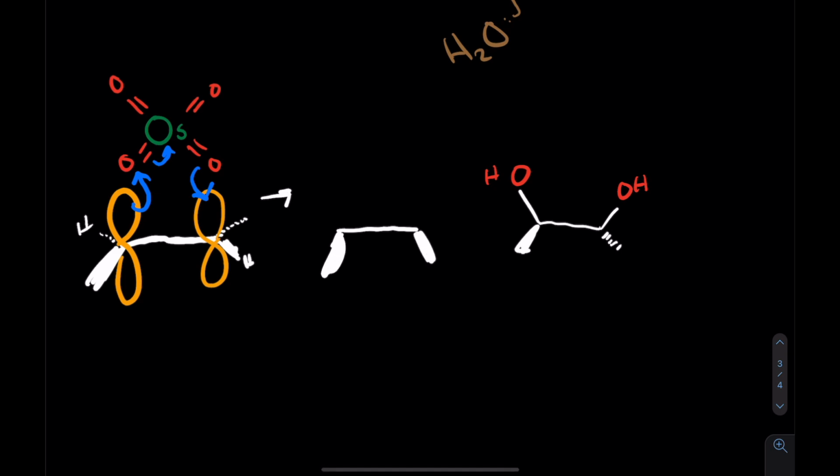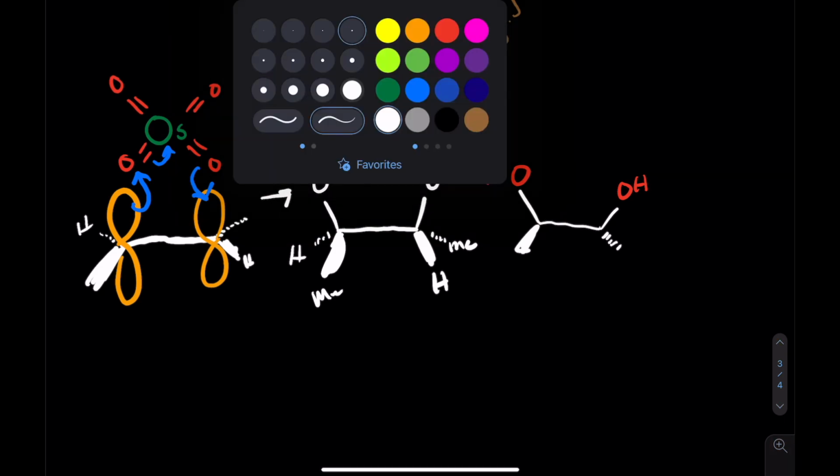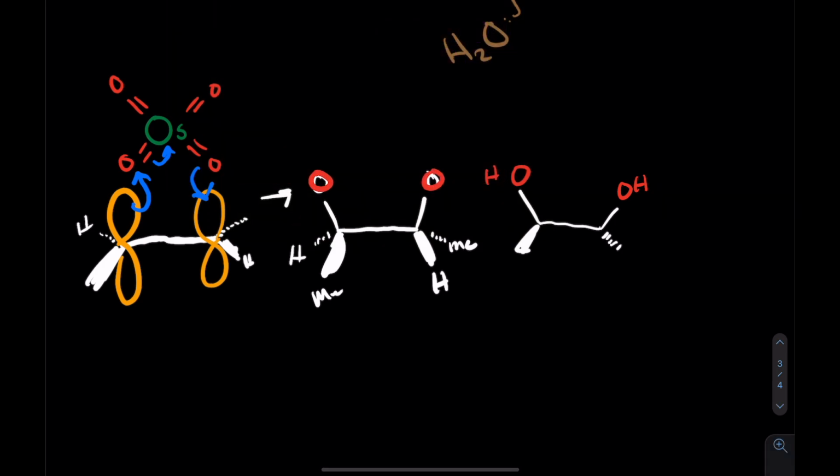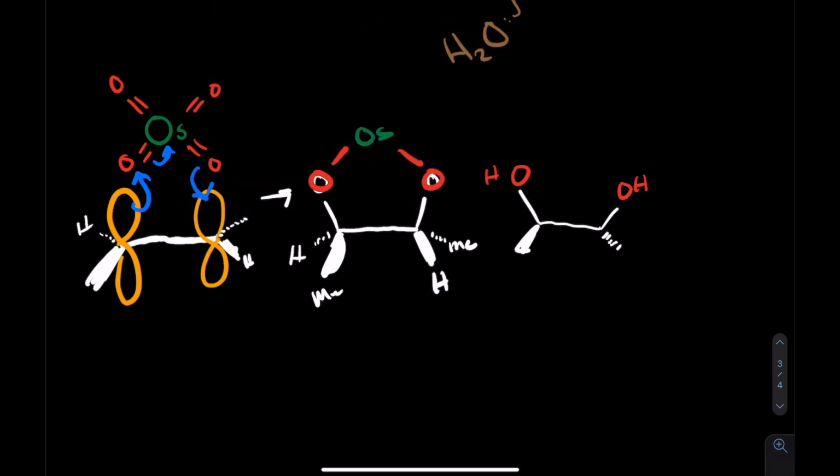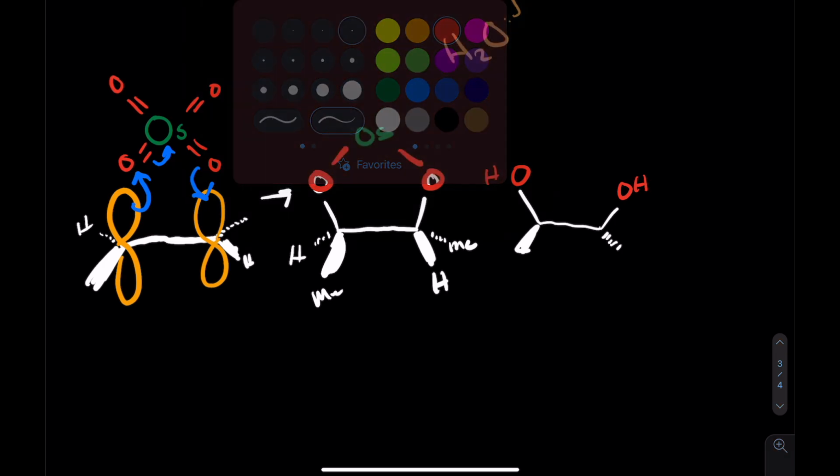In fact, that's your H, that's your methyl group, that's an H back there, that's your methyl group, and now I'll switch that to an oxygen, oxygen, oxygen, and these now produce single bonds to your osmium. So this is what you call an osmate ester.